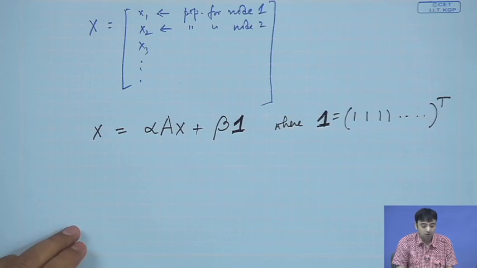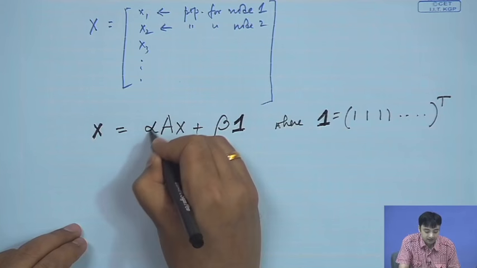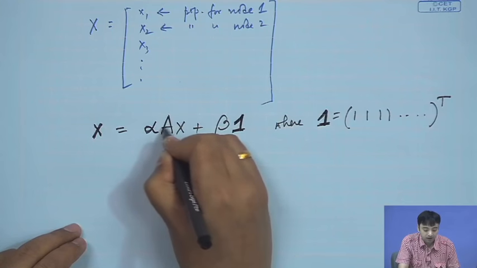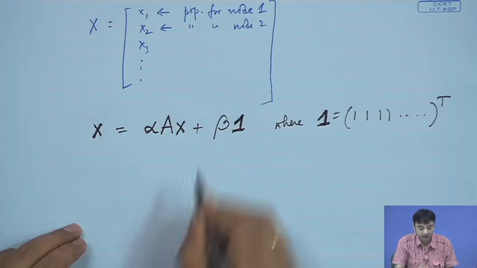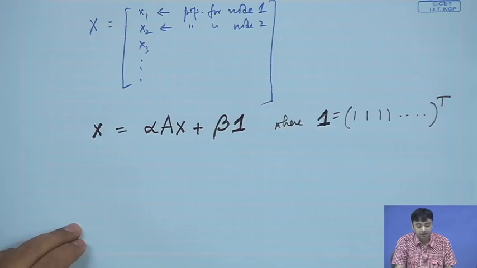Fine. So, you can therefore express x in terms of alpha a, again the vector a x plus the beta factor, which actually is nothing but the initial popularity that you have sprinkled on each and every individual node.